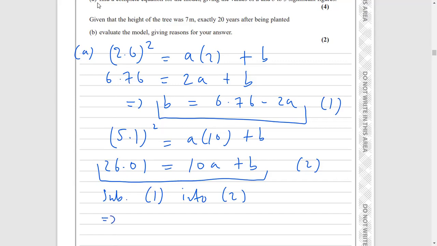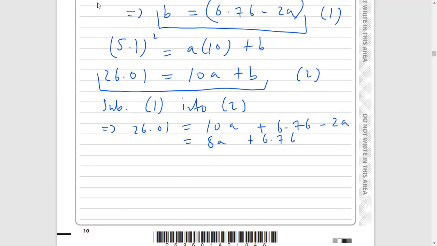So that gives us 26.01 is equal to 10a, and then plus b, which is the same as this number there, plus 6.76 take away 2a. Simplifying this right-hand side, 10a take away 2a is 8a, and then plus this 6.76, and now we can just take away the 6.76 on both sides.